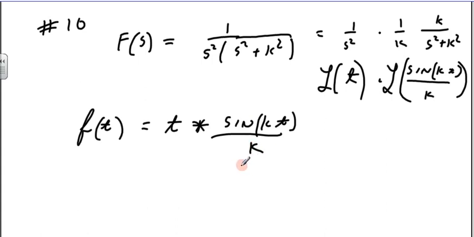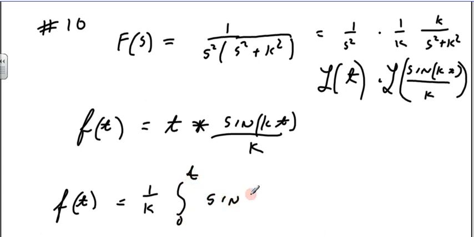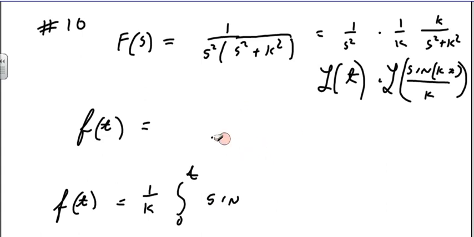So that means, being the case, f of t is going to be 1/k integral 0 to t of sine. We're going to go the other way, there's no reason we shouldn't. So we're going to go the other way on this guy. We're going to say that the first guy is the sine kt over k, and the second guy is just t.